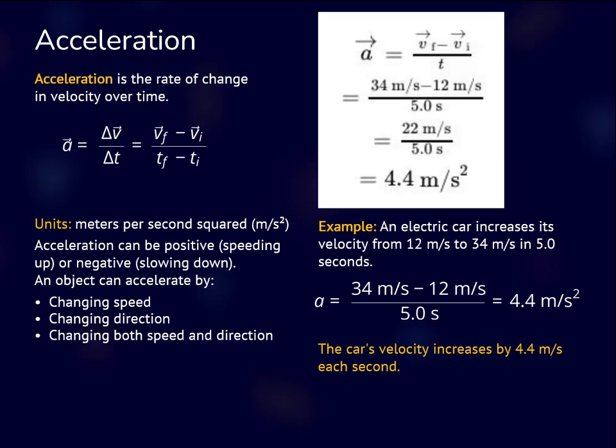So let's say a sled increases from 12 meters per second to 34 meters per second over the course of 5 seconds. To calculate acceleration, we would take 34 meters per second, subtract 12 meters per second, and then divide by 5 seconds. So that comes out to be 22 divided by 5, which gives us about 4.4 meters per second squared.